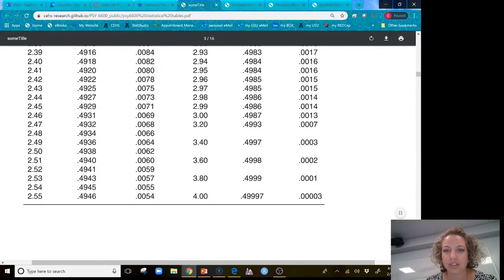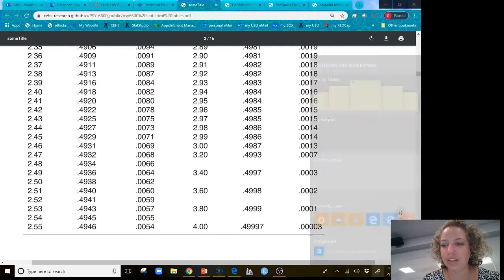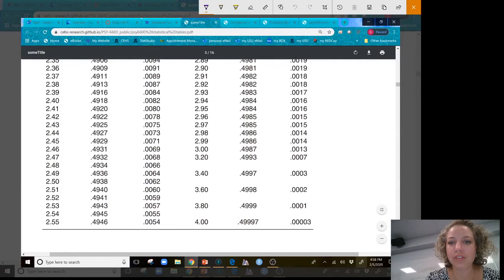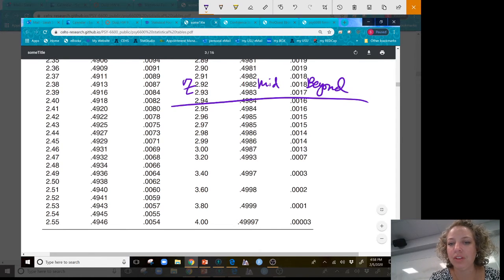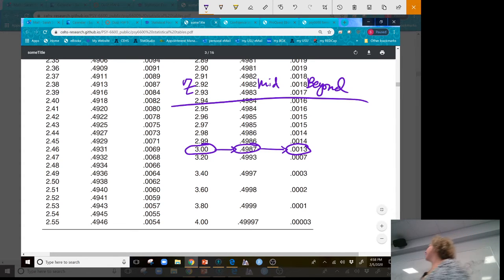Okay, so this first column is Z. Here's the middle, and here's the beyond columns. So here is Z is 3. There's the middle slice, and here is the beyond area. 0.0013 is the beyond area, it's the p-value 0.0013.